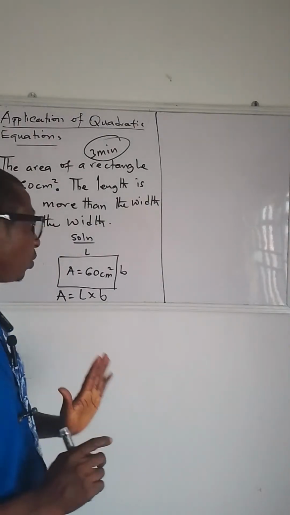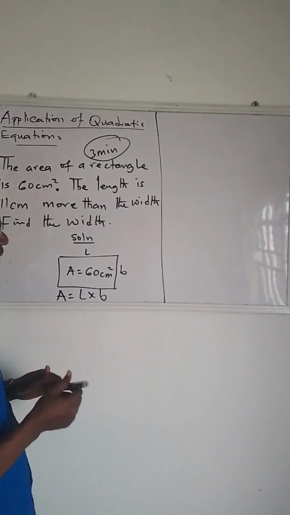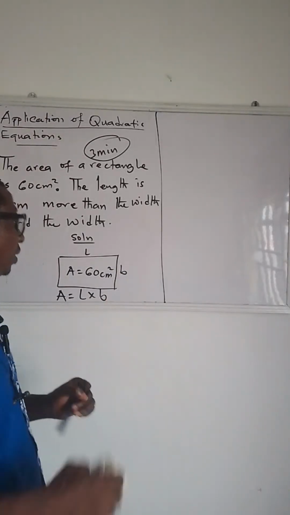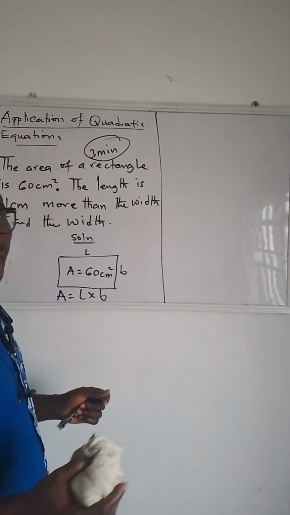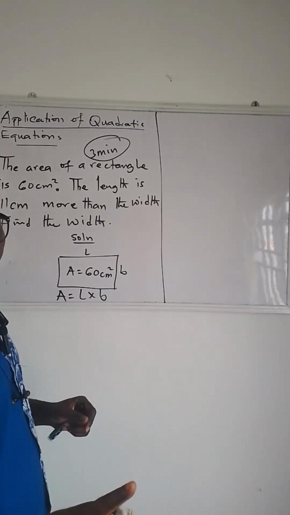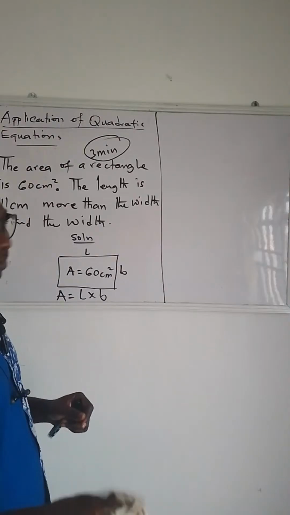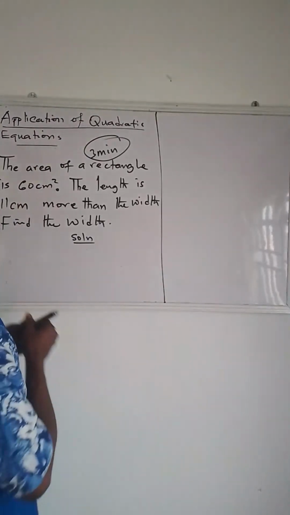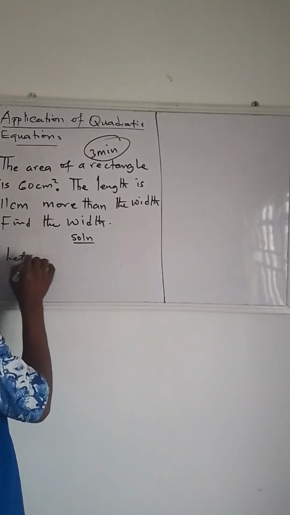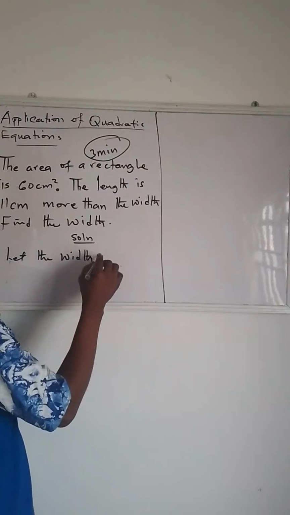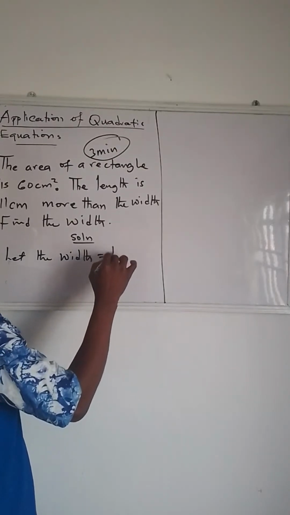Hope you understand that. So now we start by saying let the width be b. So if the width is b, so that means the length now is going to be what? b plus 11. Hope you get that. Now we start by saying let the width be equals to b.